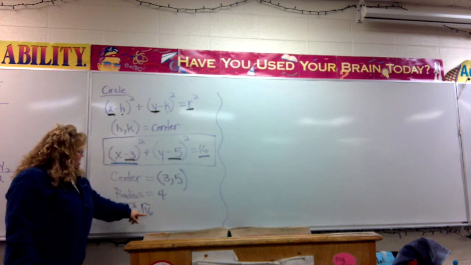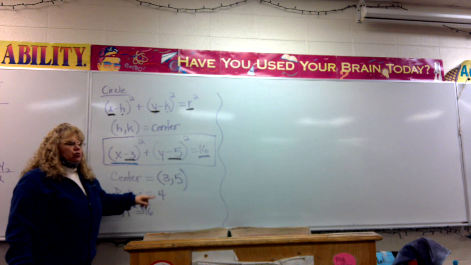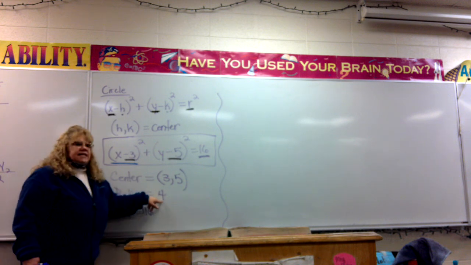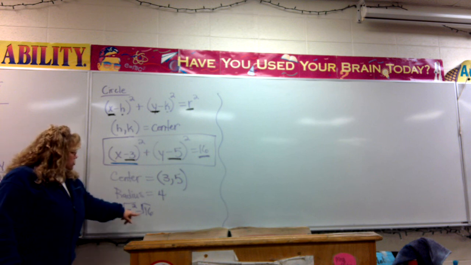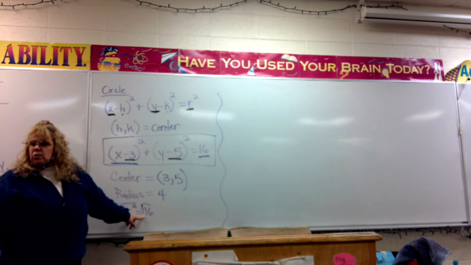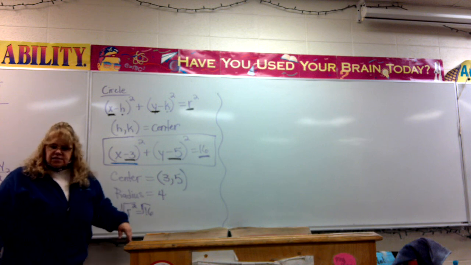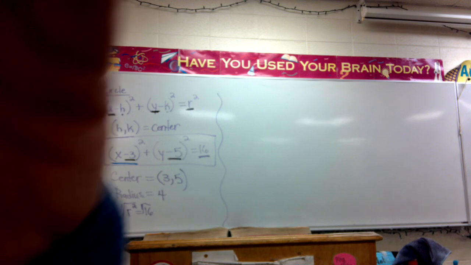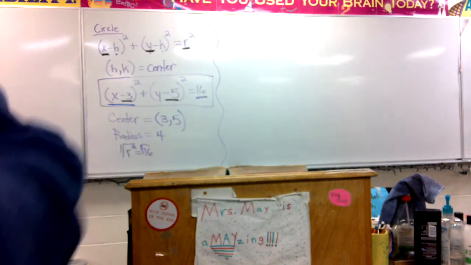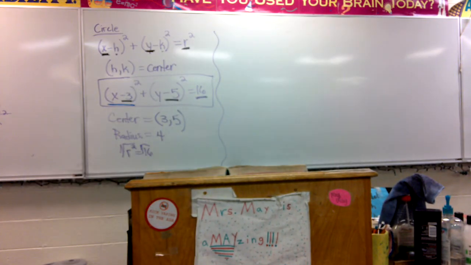So if r squared is 16, you need to take the square root, and the radius is 4. Did you have to worry about the negative square root? No, right? Why not? Because the radius can't be negative. The radius of the circle can't be negative.